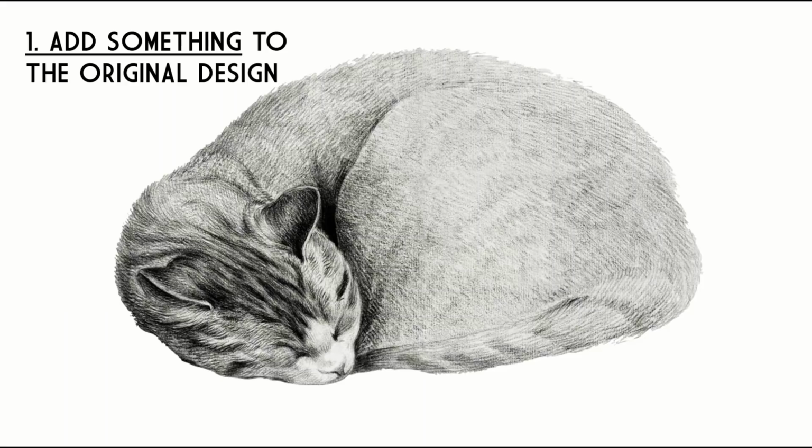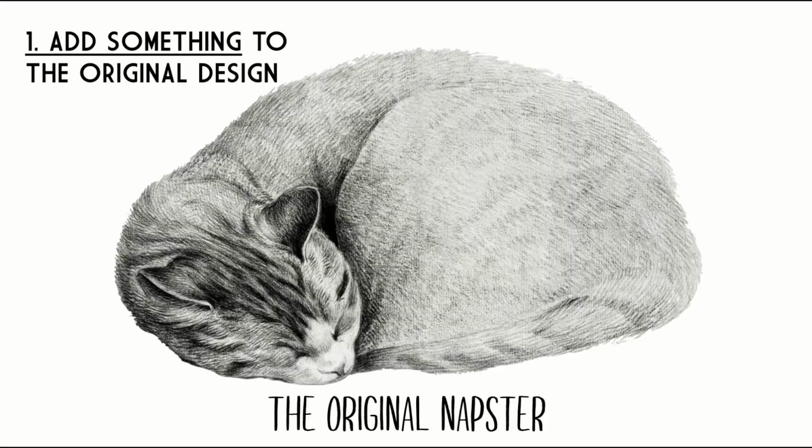Number one, let's add something to this original design. So I've added text underneath the design. That's part of the design. Now I could upload that onto a t-shirt or a coffee mug, and it doesn't matter that the picture's the exact same. I've got text underneath it. You can also change what type of text you're using.